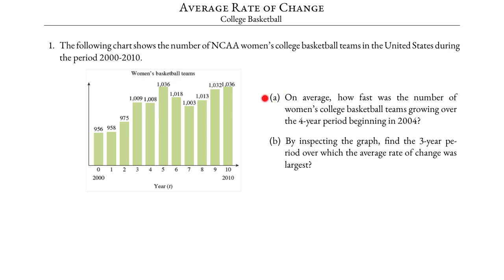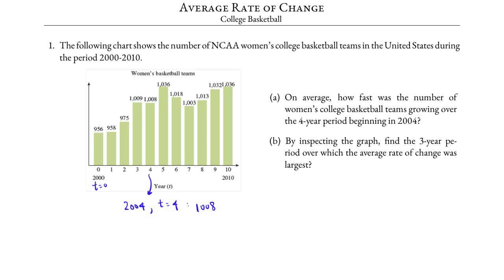For part A, beginning 2004, which means t equals 4. If t is the year since 2000 as indicated here, then in 2004 t equals 4. We see that the number of women's basketball teams corresponding to t equals 4 is 1008.